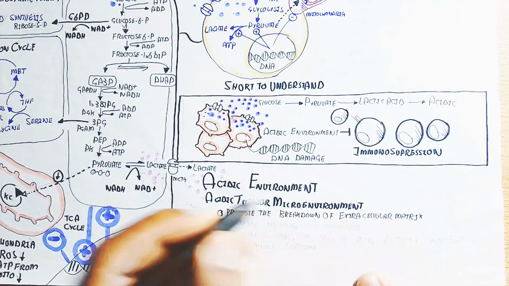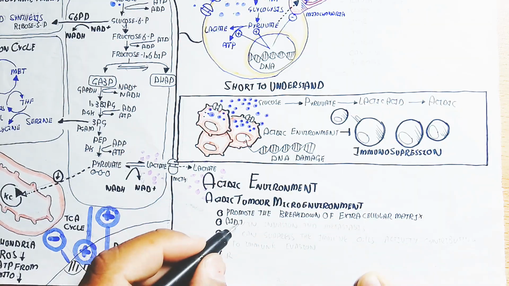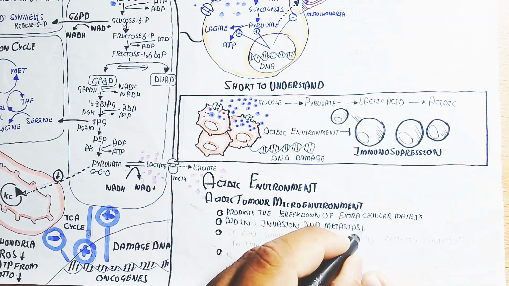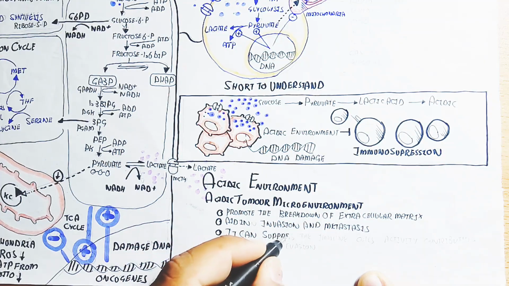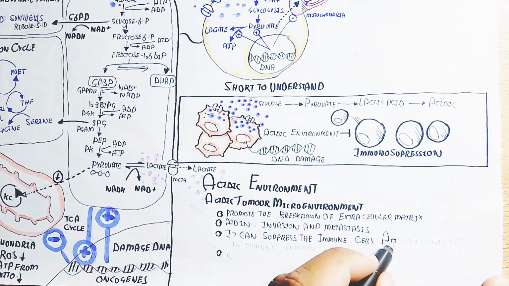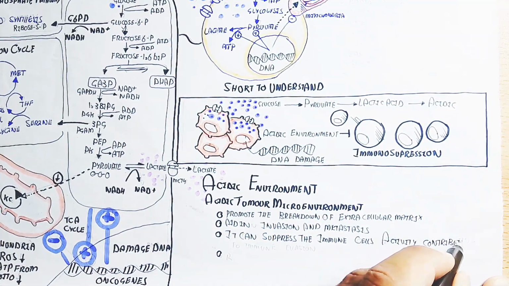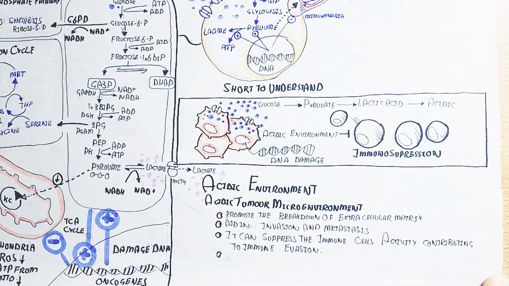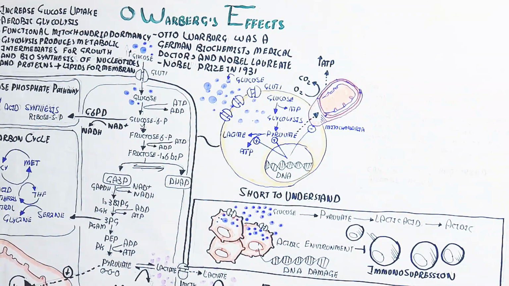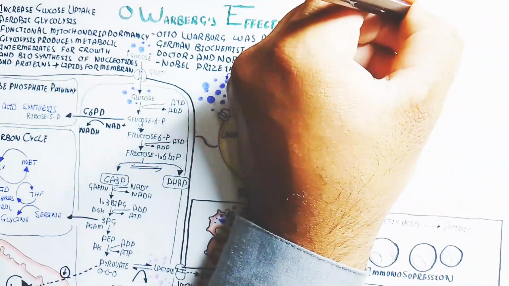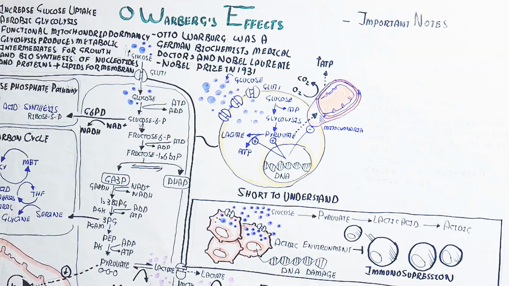So the acidic tumor microenvironment promotes the breakdown of the extracellular matrix and aids invasion and metastasis. It can suppress immune cell activity, contributing to immune evasion, not invasion. The escape from the immune system leads to the cell being maintained even with damaged DNA.